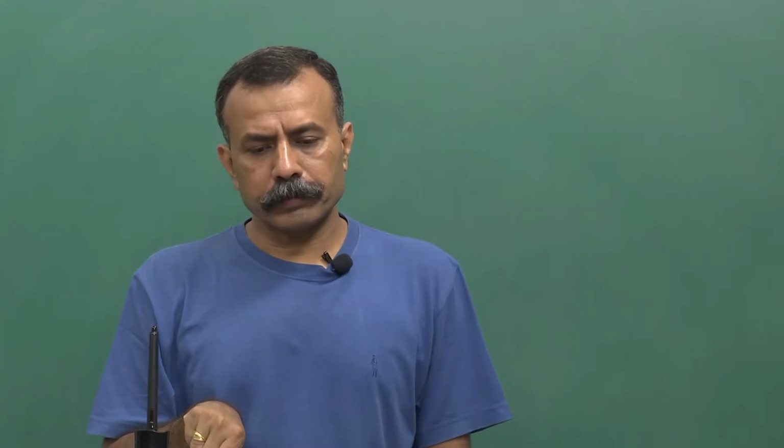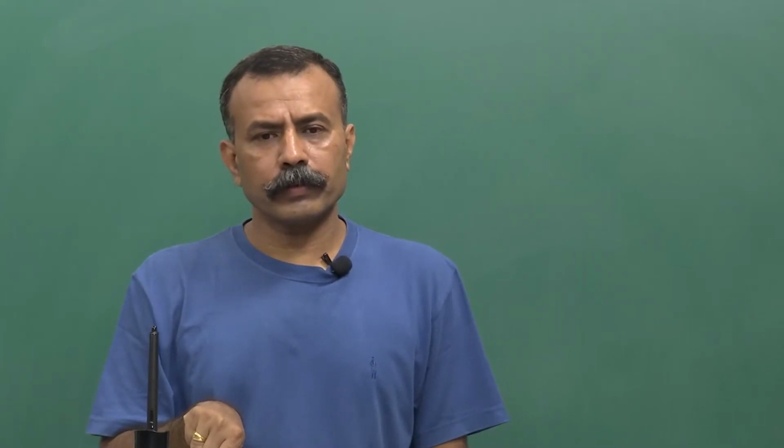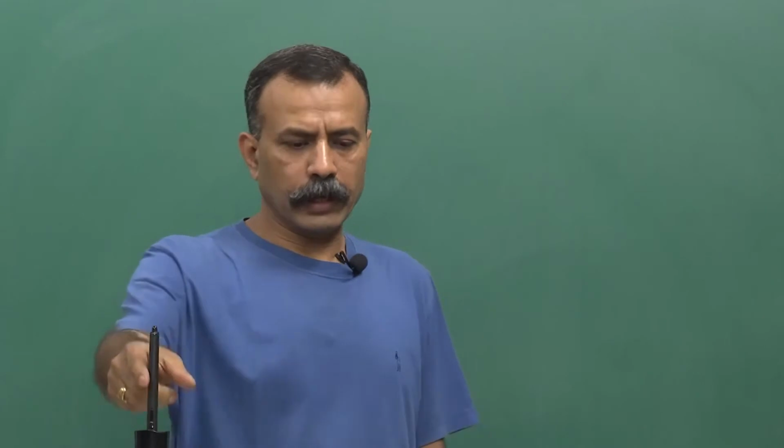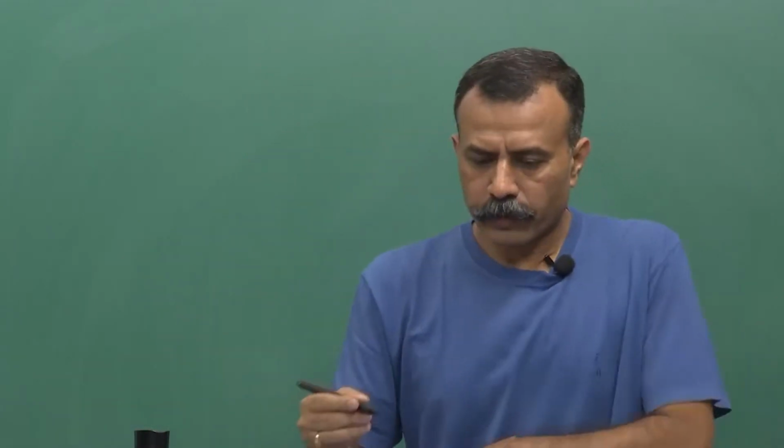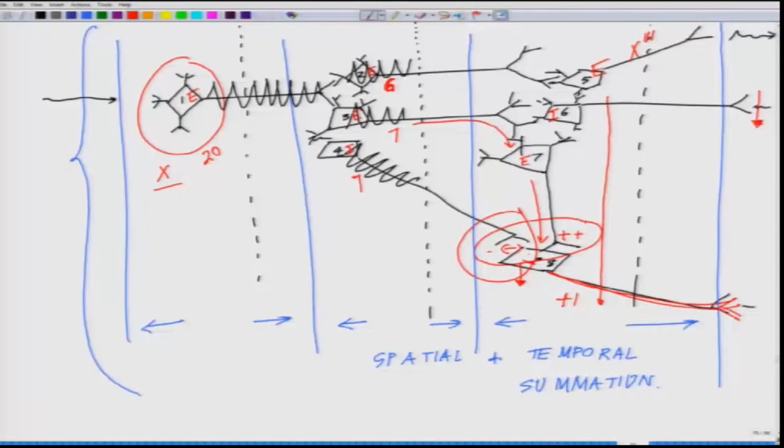To start off, if you recollect the last slide, this is what we dealt with, spatial and temporal summation. I told you there are neurons sitting at different places in the network. This is continued on week 6, lecture 1.